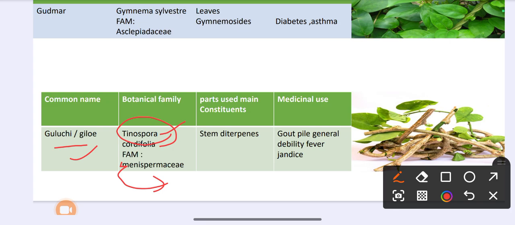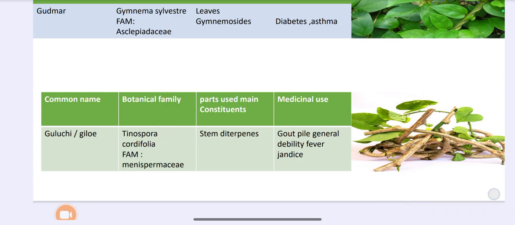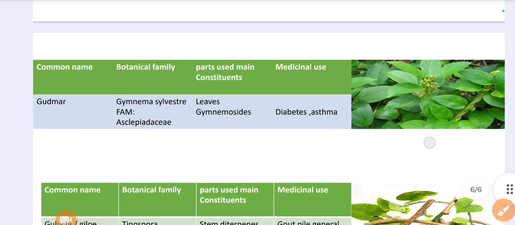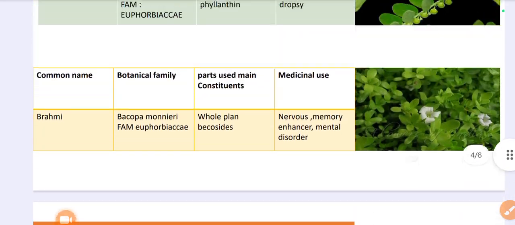Stem, with diterpenoids. What are the medicinal uses of Giloy? Gout, piles, general debility, fever and jaundice. So these are the main important pharmacognosy plants and their uses.